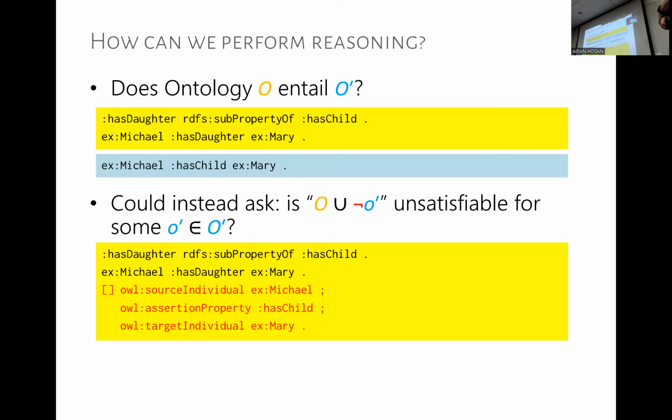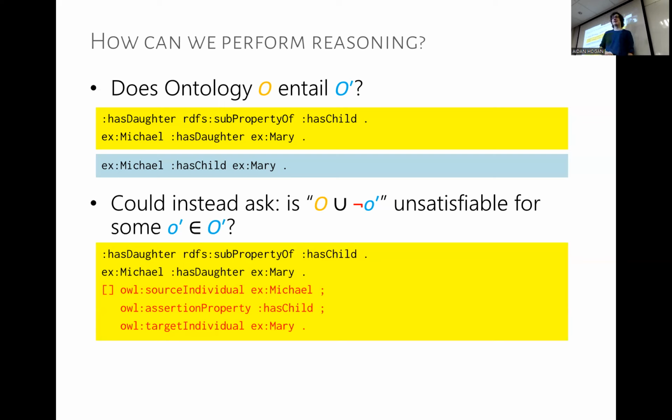In this case, we take this ontology O and this ontology O prime. We negate the only fact of O prime and add it to O, so this is now our new extended ontology, and we ask, is this unsatisfiable or not? So what do we think? We have has daughter, a sub-property of has child, Michael has daughter Mary, and then we're saying Michael does not have child Mary.